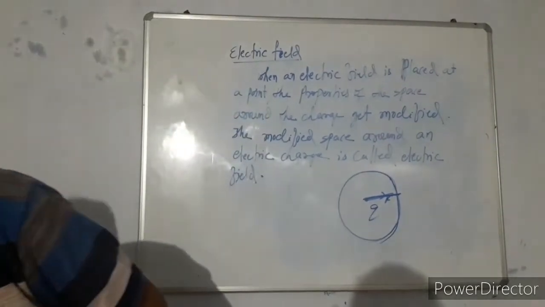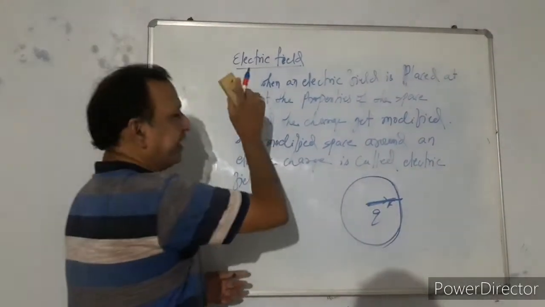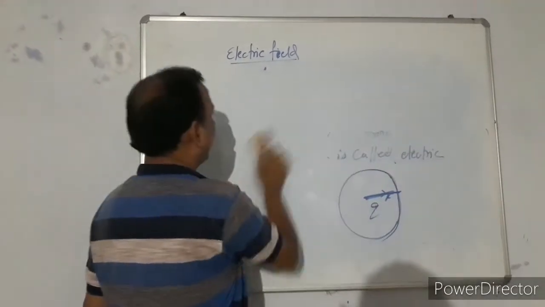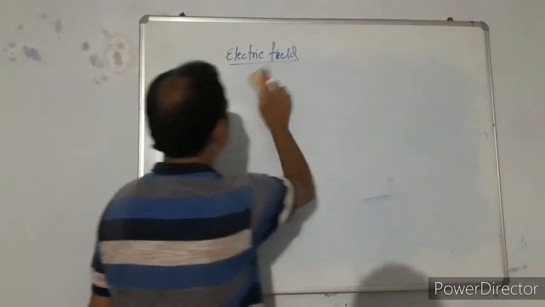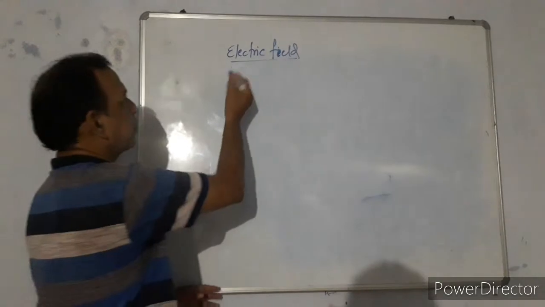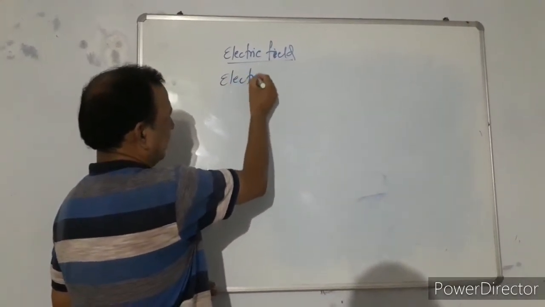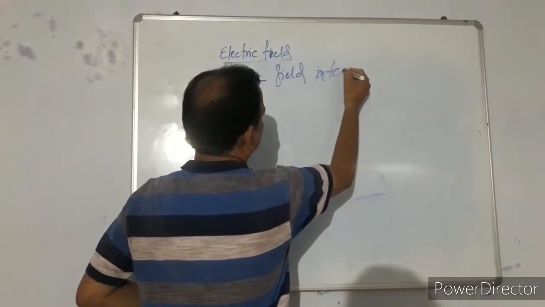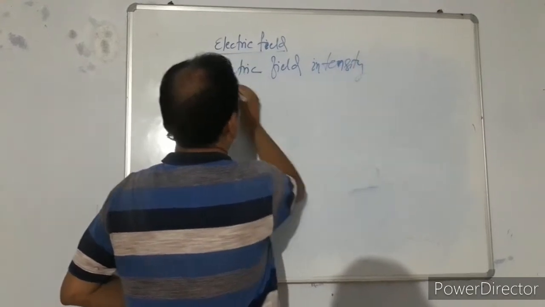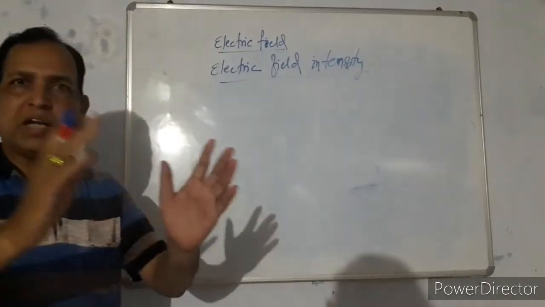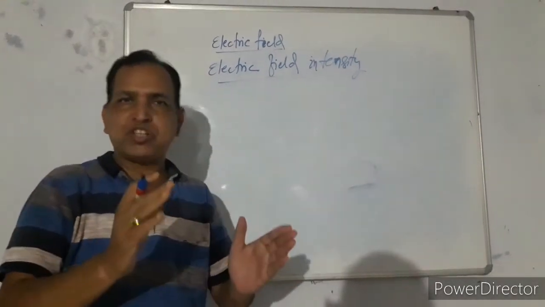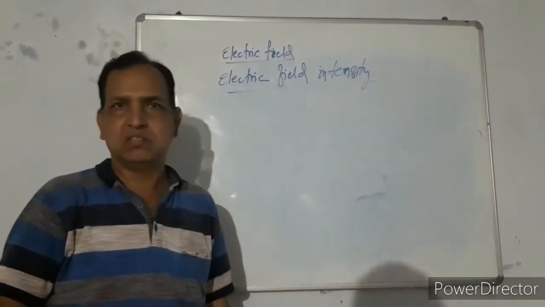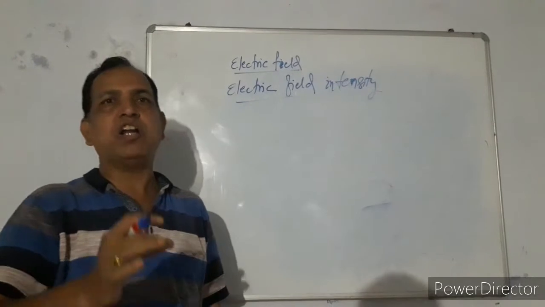Okay? Then electric field intensity. What is the electric field intensity? The force experienced by the unit positive charge at that point is called electric field intensity.